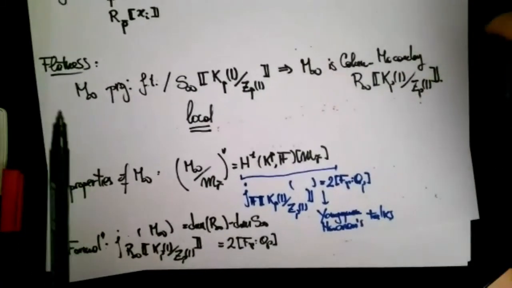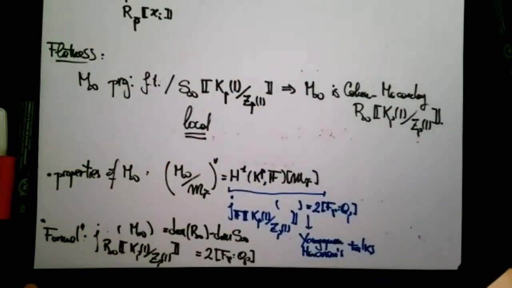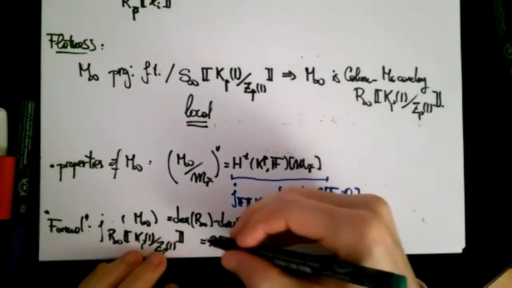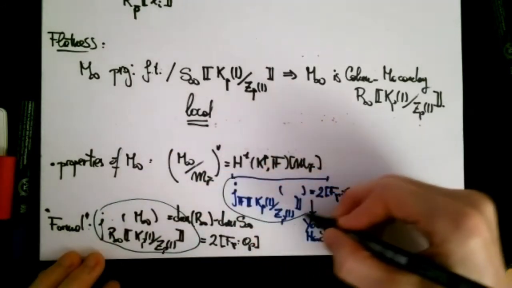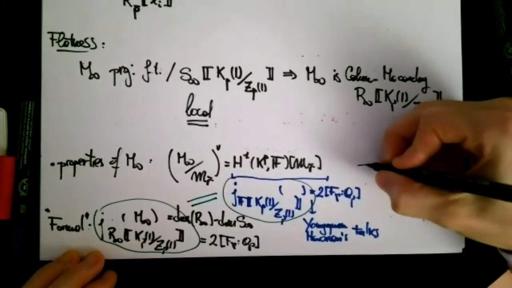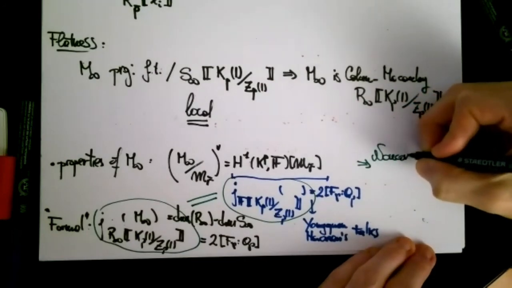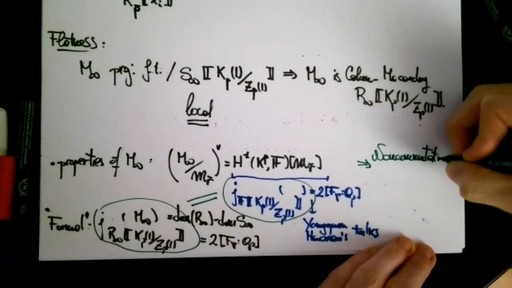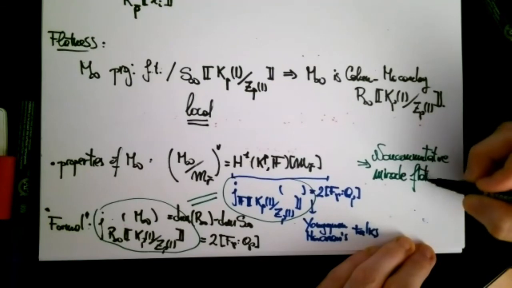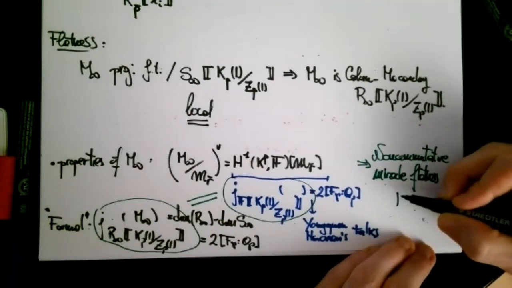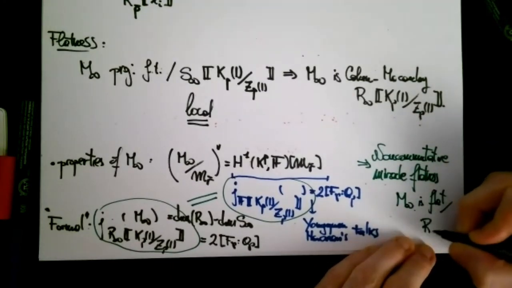And so by the non-commutative miracle flatness, let me write as follows. I take the green color, which I never used so far. So these and these are equal. And so by the non-commutative miracle flatness, we know that M infinity is flat over R infinity.